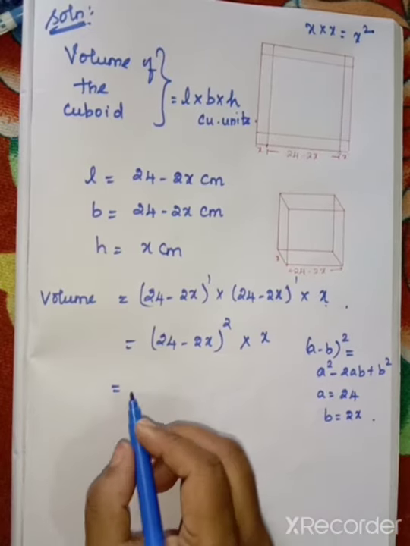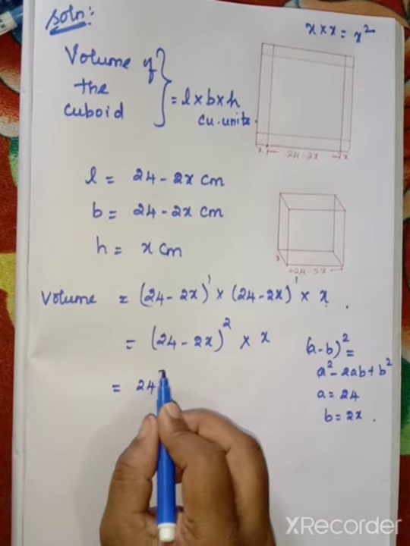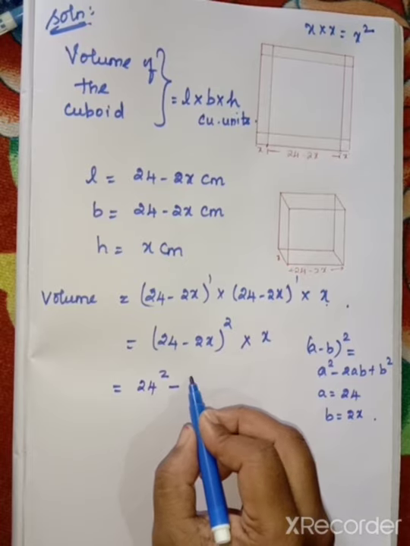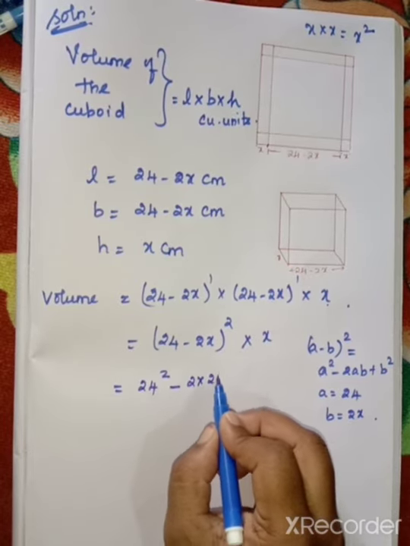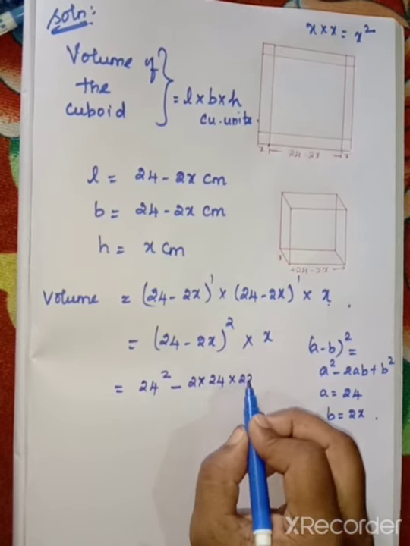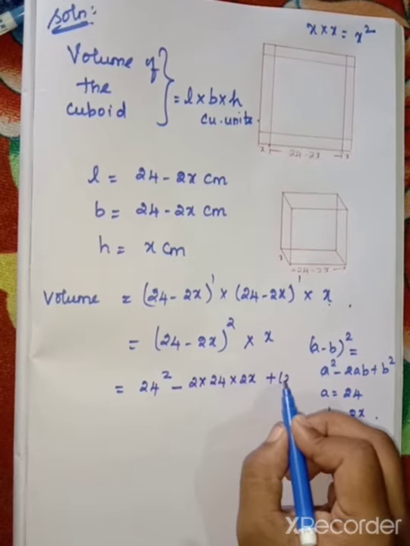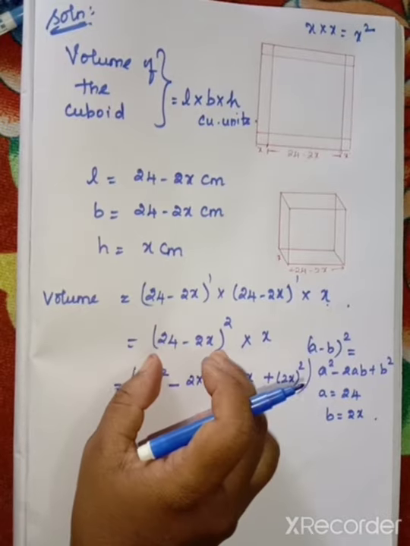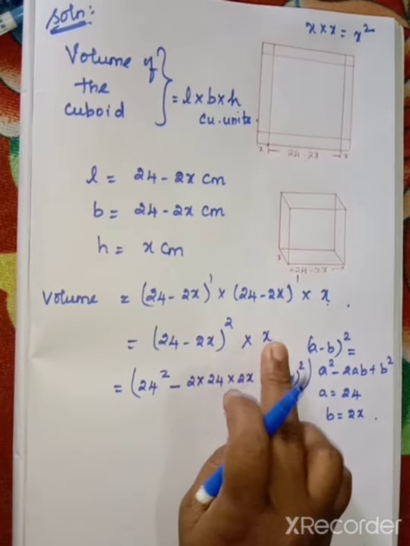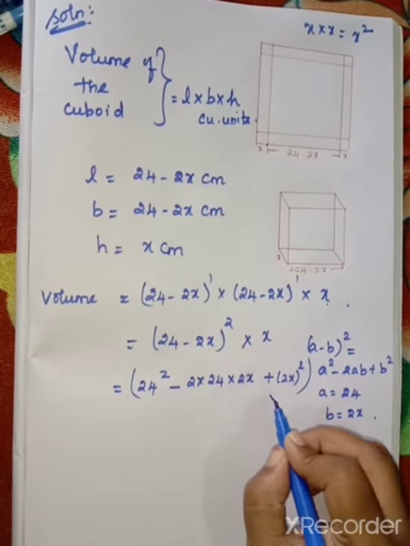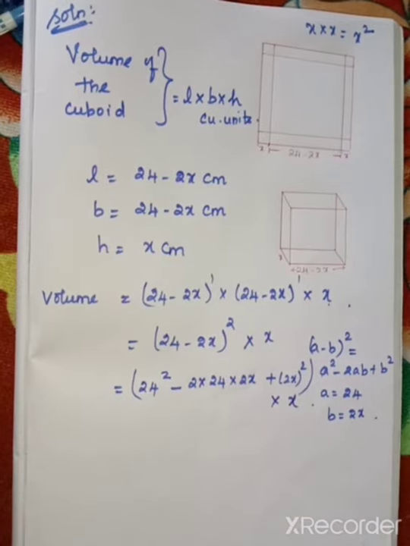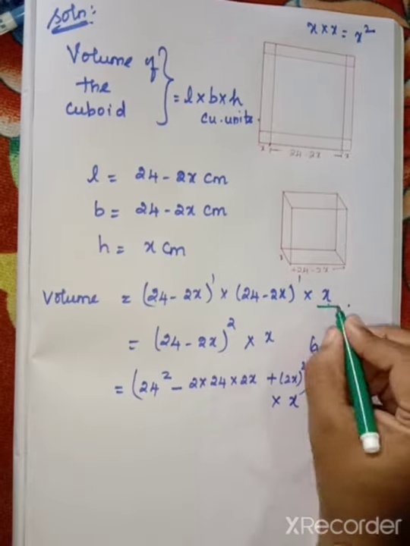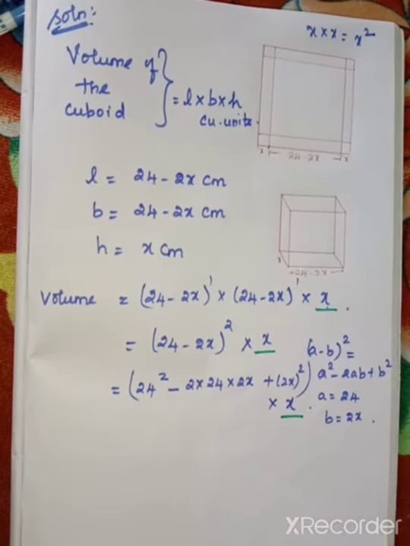So here a squared, that means 24 squared minus 2 into 24 into 2x plus 2x the whole squared. This is finishing up to whole squared. Here remaining one is there, that is into x. So into x is also mentioned here.